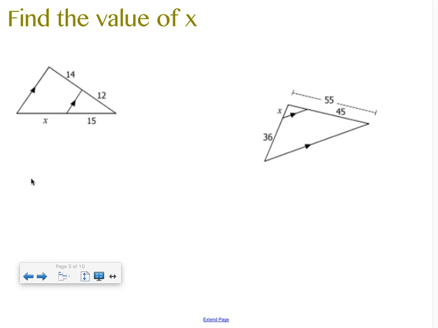How about we just write the numbers up as they are. So 12 over 14. I went that one over this one, so now when I come back on my bottom, I have to go the same way. So then I would have to write 15 over x.